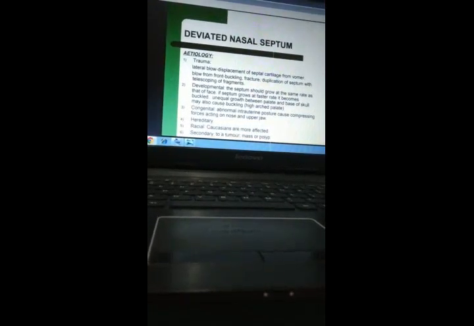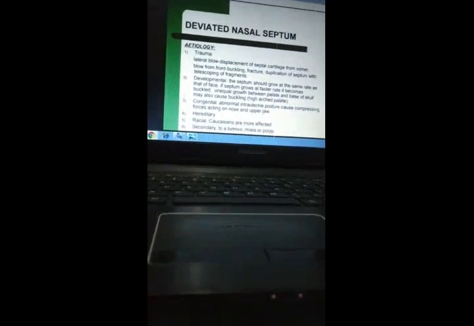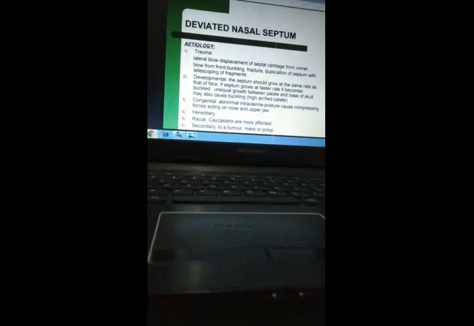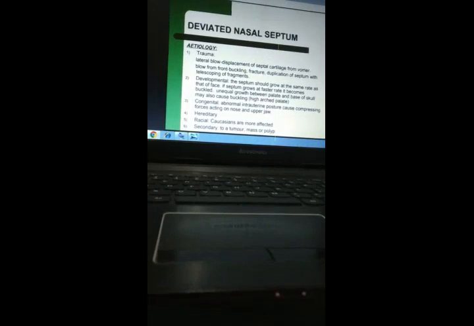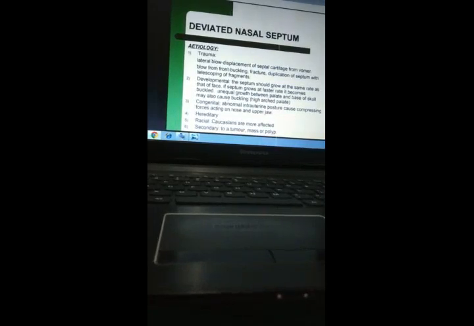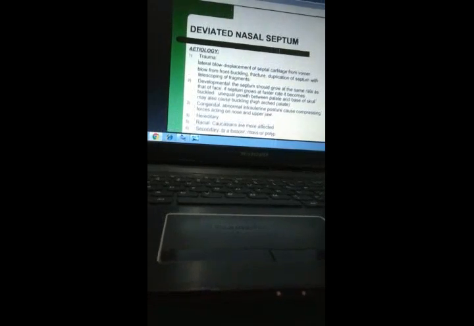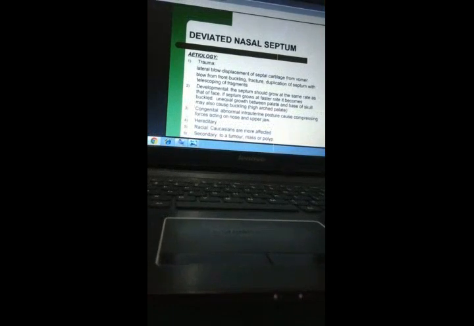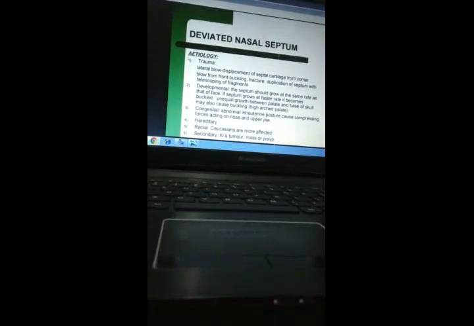Many persons in a family can have DNS. Now, next is racial. Caucasians are more affected, and other causes are secondary to a tumor, mass, or polyp.